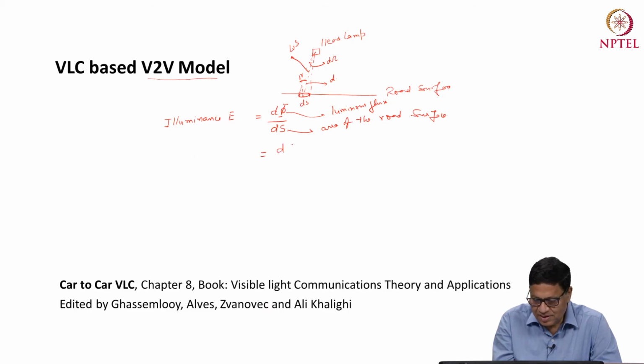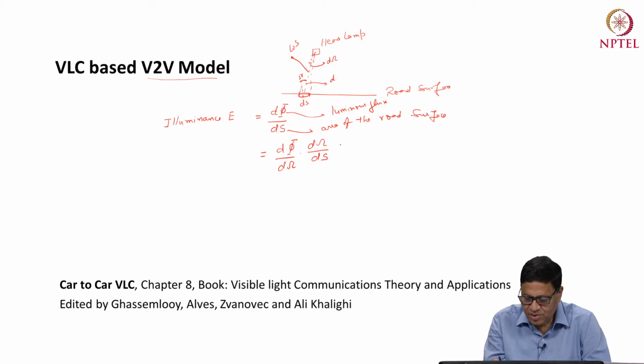So this can be written as d phi over d omega into d omega over dS. And this d phi over d omega is nothing but I theta 1 theta 2, where I theta 1 theta 2 is the luminous intensity. This is the definition of luminous intensity.